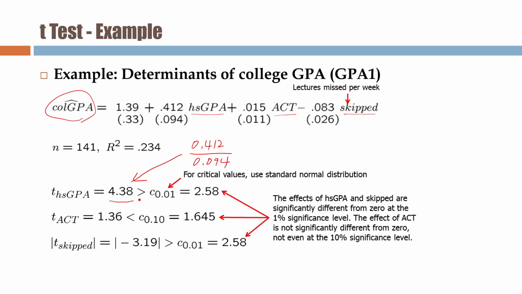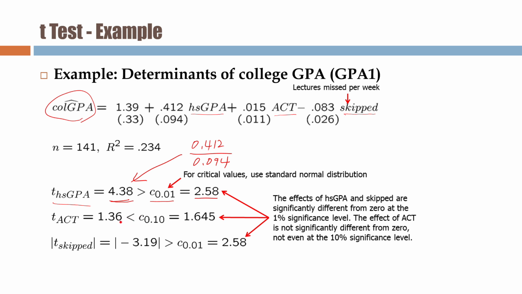And this is greater than our critical t. Critical t is 2.58, so it's greater. So we can reject the null hypothesis, which means high school GPA has a clear effect on college GPA.